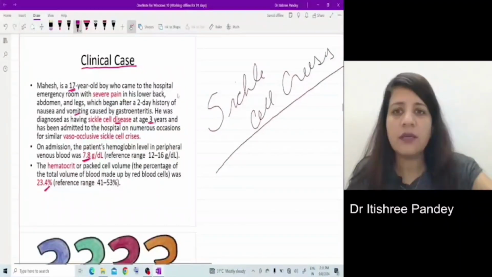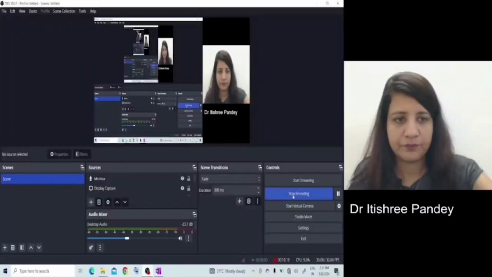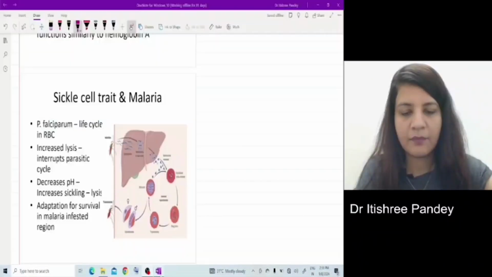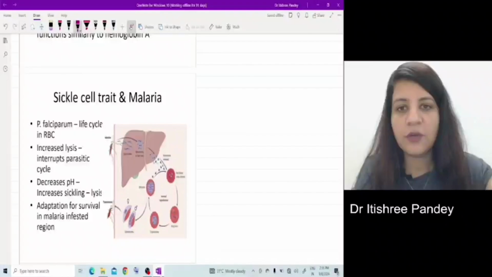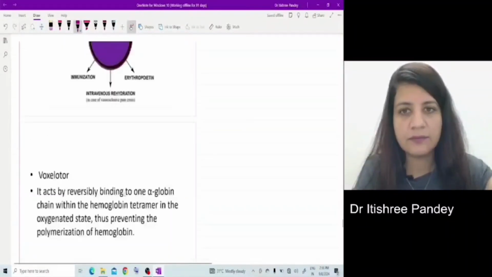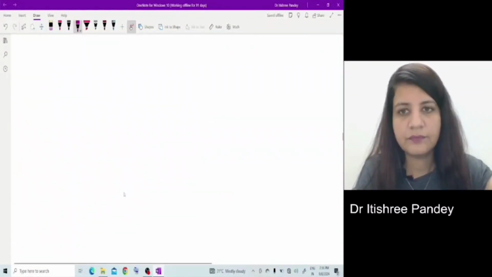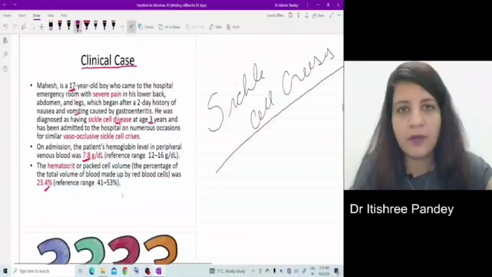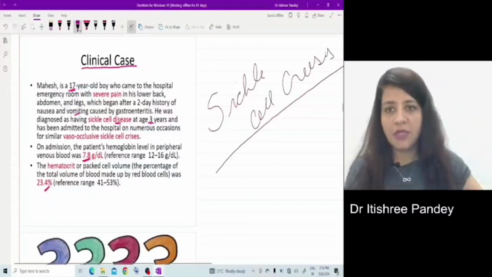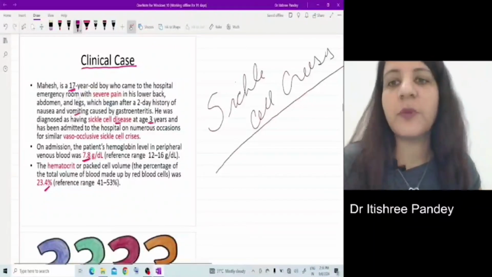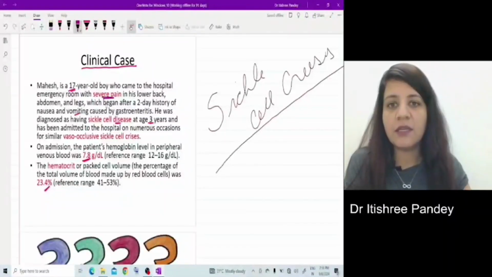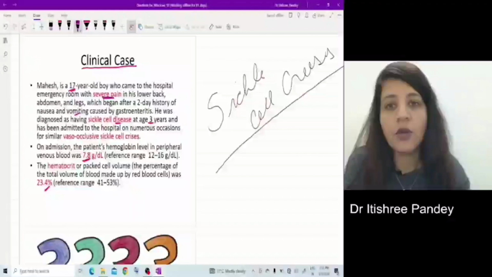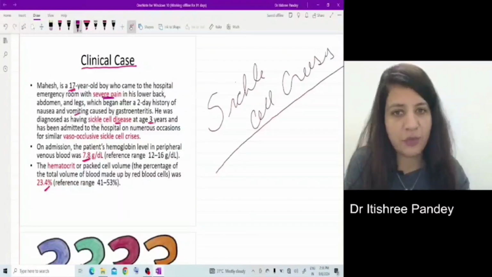Now we'll look into the case of sickle cell crisis. Mahesh is a 17-year-old boy who came to the hospital emergency room with severe pain in his lower back, abdomen and legs, which began after a 2-day history of nausea and vomiting, caused by gastroenteritis.